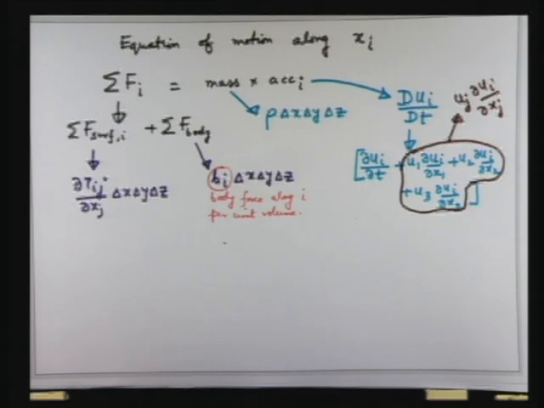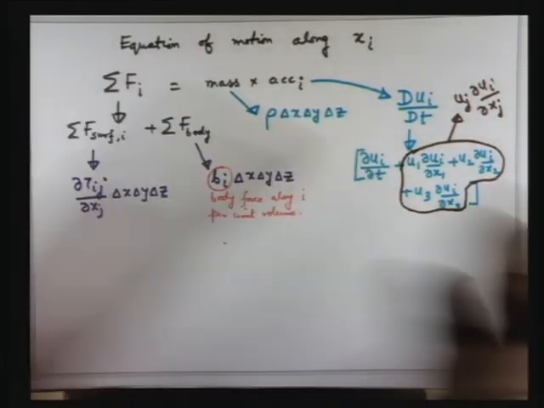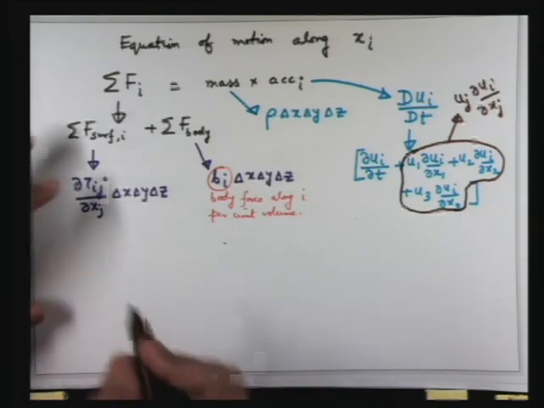So if you now collect the terms in the right hand side and in the left hand side and take the limit as delta x, delta y, delta z tending to 0, the higher order terms will get nullified and delta x, delta y, delta z will get cancelled. And just for the sake of writing, we write the right hand side in the left and left hand side in the right. That is the standard way of writing in fluid mechanics.